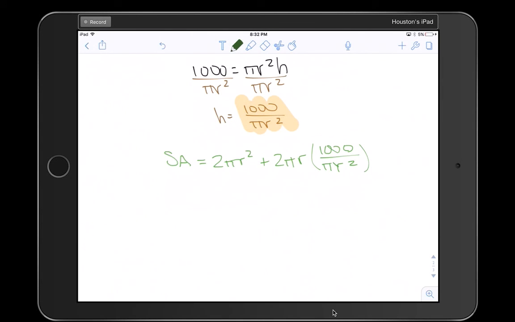It may look worse to you than what it was before. If we simplify a little bit, it's actually a little bit cleaner.